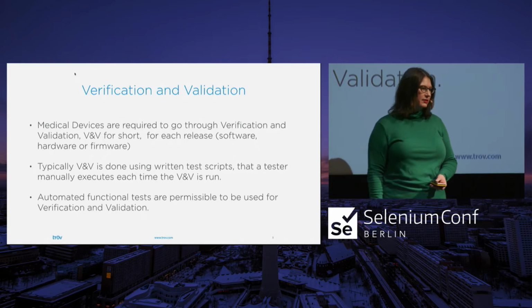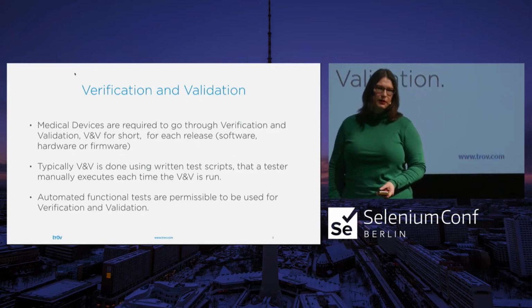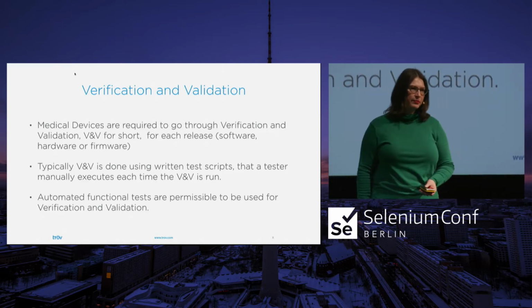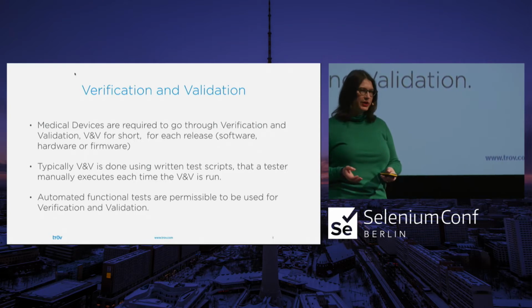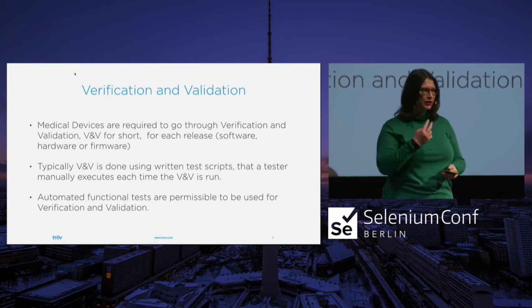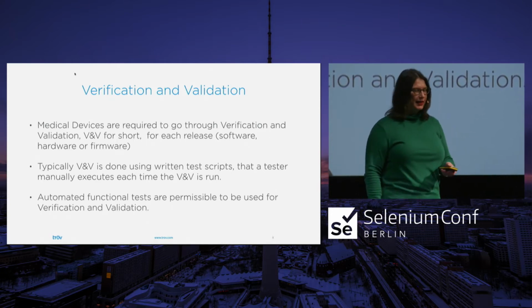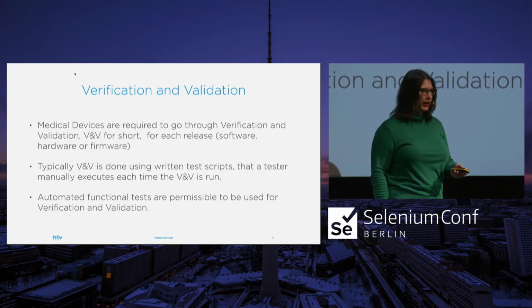Typically, a V&V is done using written test scripts that a tester manually executes every time. This takes a long time. You need devices, and in our situation, we had a small medical device that increased tear production by providing a slight charge to the inside of your nose. And we had a piece of application software, an iOS application.